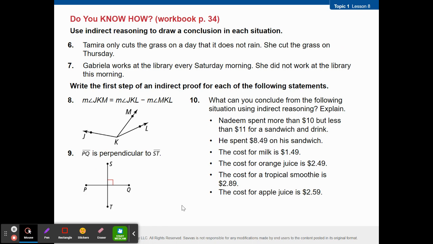The first two are does. 6 and 7, just use your common sense. 8 and 9, they're asking you to negate these two statements. How are you going to negate those two? And then 10, you'll probably have to look at a little more closely. So get going on that.